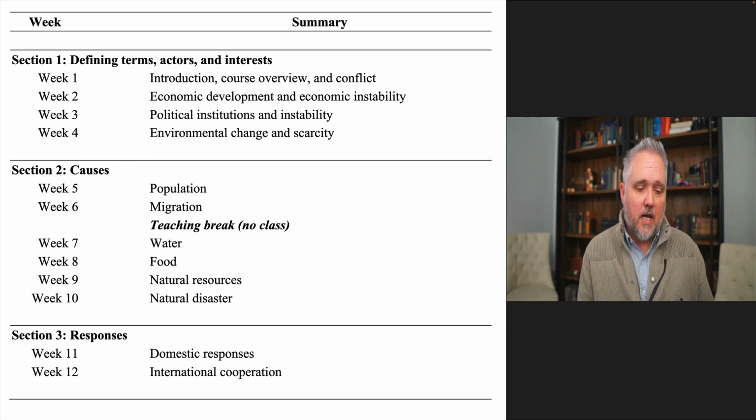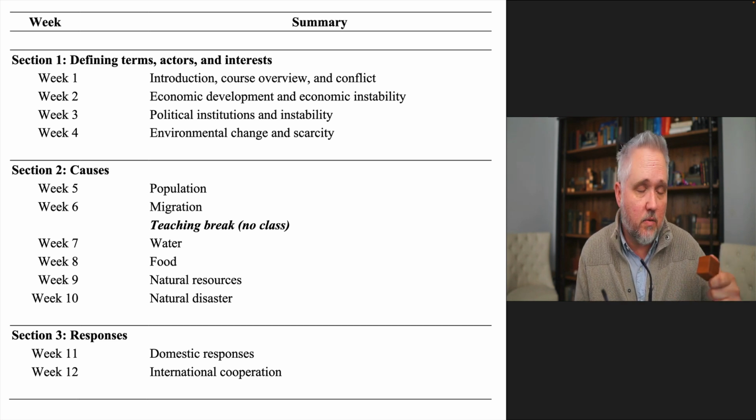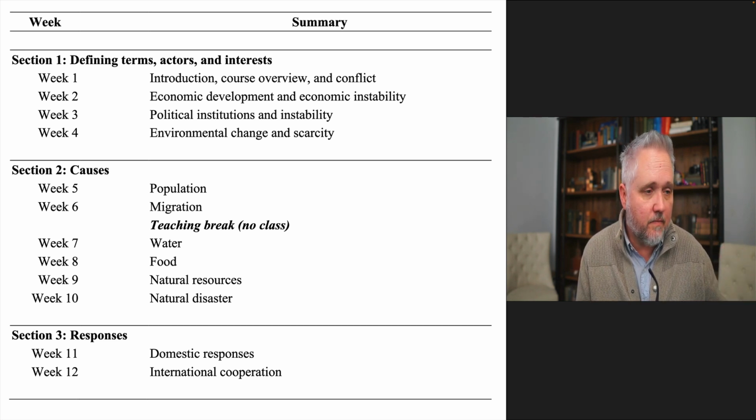I put this first because population pressures, population characteristics of states that have conflicts or avoided conflicts are interacting with a lot of the other building blocks we will see in this section, as well as in the first section.